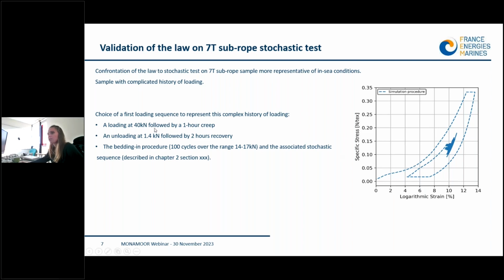So to try to represent this complex loading, we performed a simple simulation, but we put the maximum load at 40 kilonewton here to try to represent the higher loading the subgroup had seen before being submitted to stochastic loading. And then we performed this simulation.